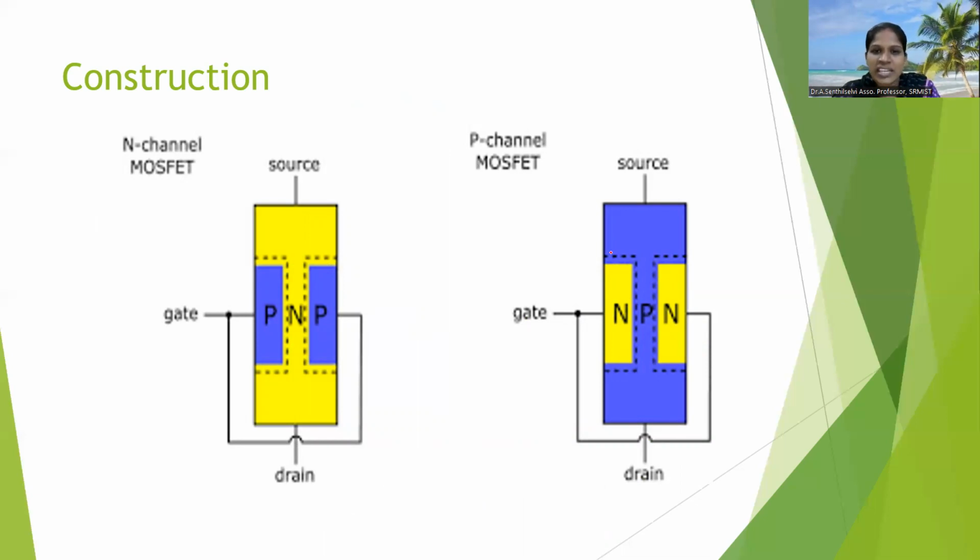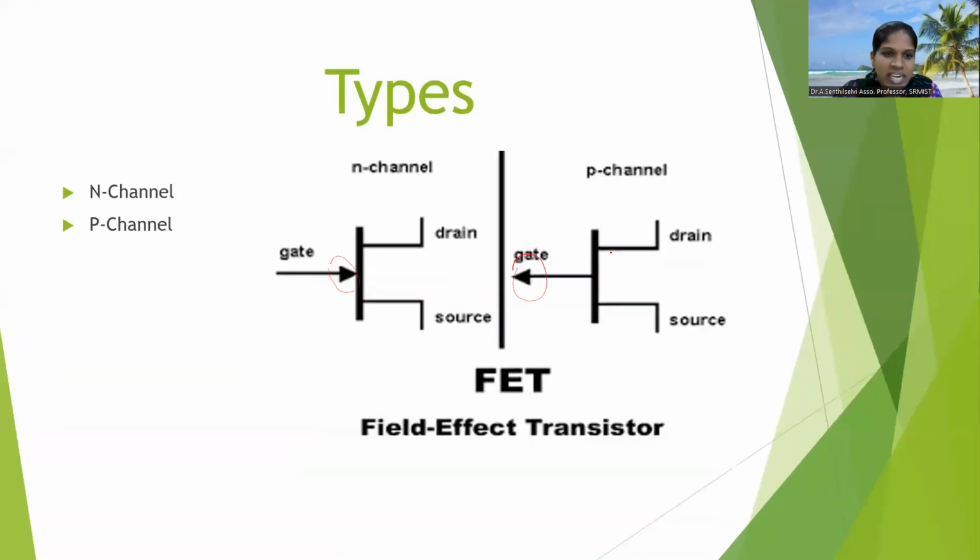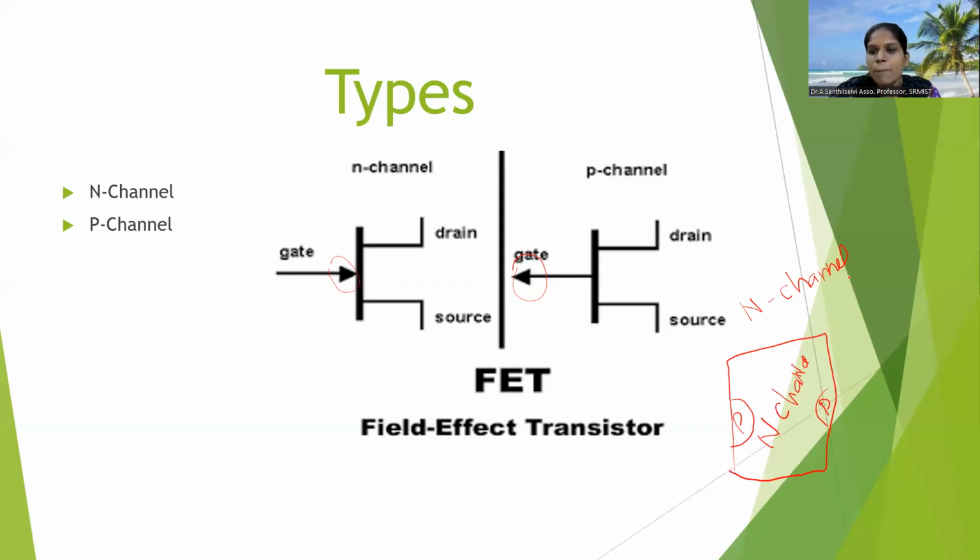To construct an N channel FET, we take an N-type bar in which we diffuse a P-type material.